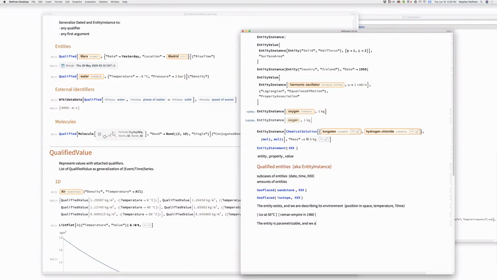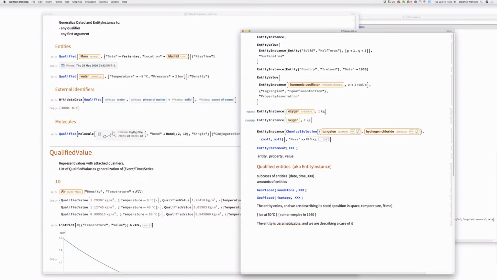And we are describing, I don't think we are describing its environment. We are describing its environment together with the zeroth law of thermodynamics. We assume the entity is in equilibrium with it, because otherwise we need yet a new set. Okay, we're describing its state. Yes, its state, not the environment state.